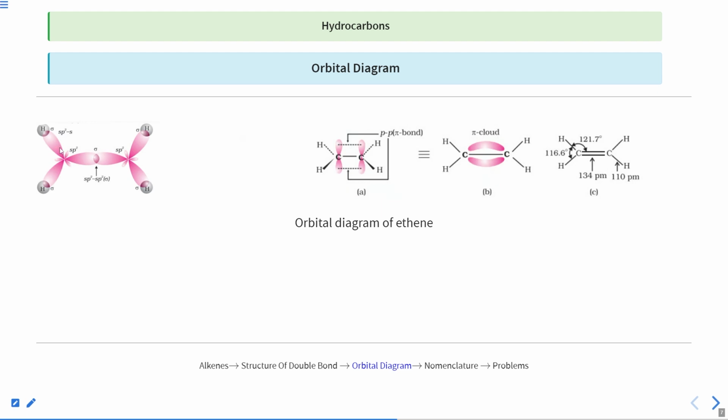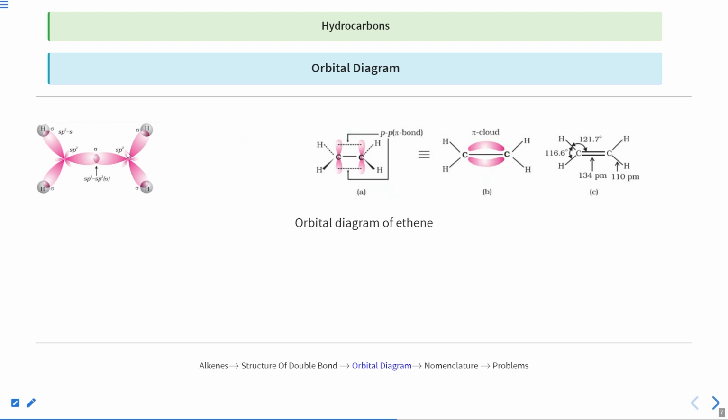One s orbital and two p orbitals combined, and that resulted in three orbitals: 1, 2, and 3. Here also on the right hand side the carbon does the same. Now there is a head-on overlap between the sp2 hybridized orbital of the left carbon and the sp2 hybridized orbital of the right carbon. That resulted in a sigma bond between this carbon and this carbon.